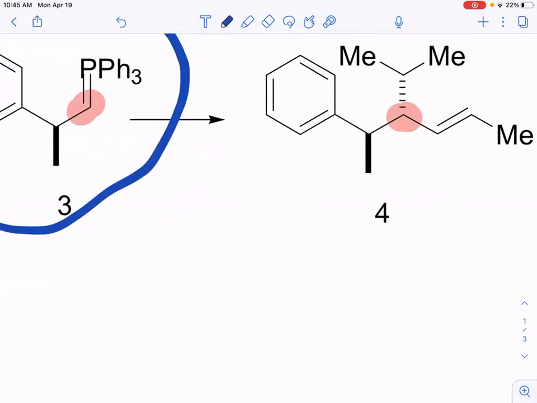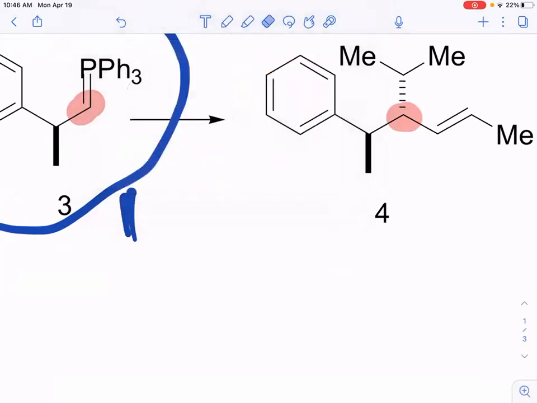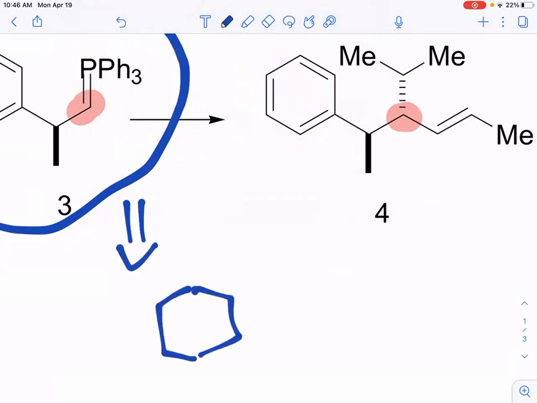Let me just draw in the. Hold up, I gotta pick a different pen. What would you add to the ylide to get to here?